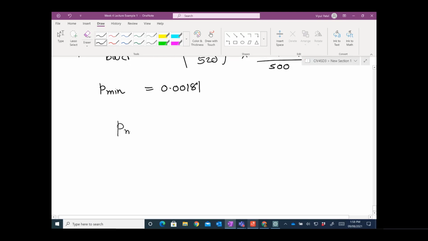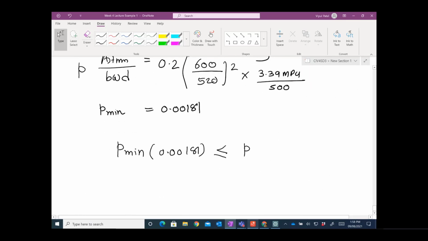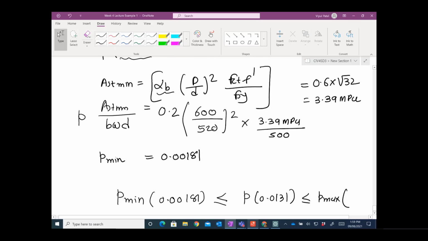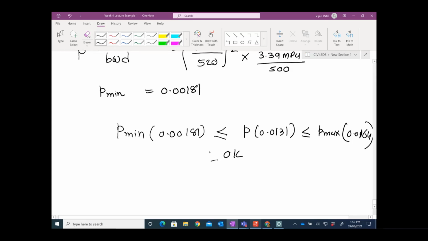So rho minimum, which is 0.00181, should be less than your actual rho. Your actual rho was 0.0131, which is less than or equal to the maximum one that we got, 0.0164. Therefore it is okay. Now let me stop here. Moment capacities, we will take you through this.